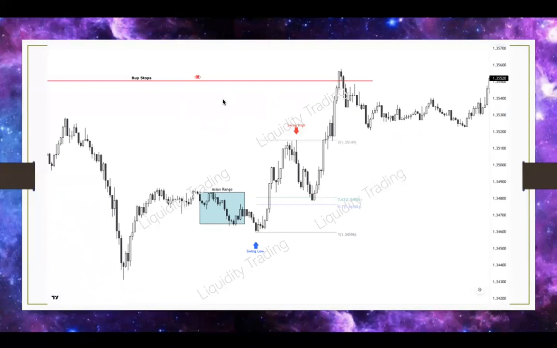This is another example. We see the market create the low of the day and high of the day, then create the retracement in the New York Open kill zone, and trade above an old high in the market, back into the Asia range for consolidation again.